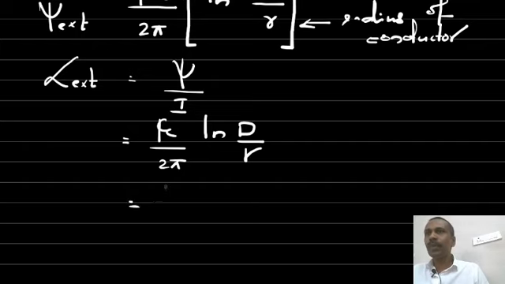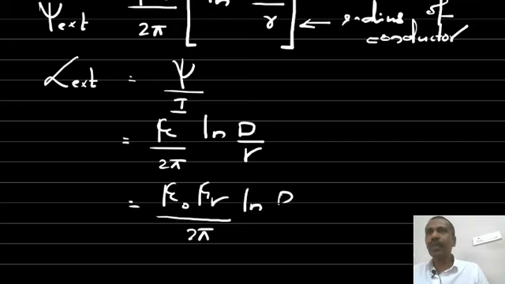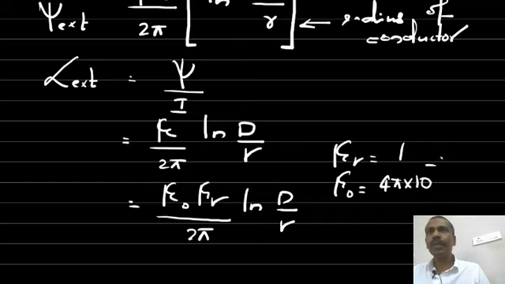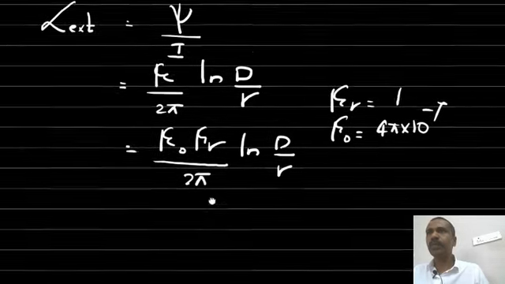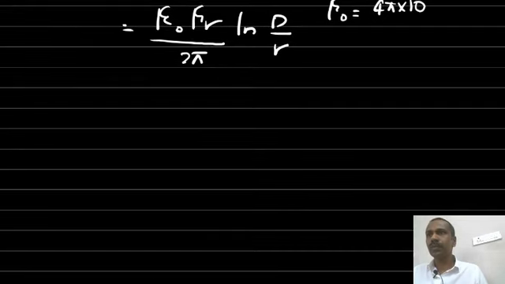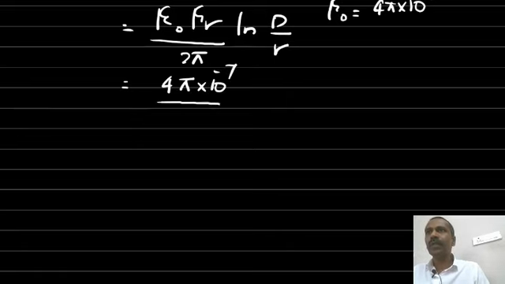And this mu is equal to mu 0 into mu r divided by 2 pi into natural logarithm d by r. The relative permeability mu r is equal to 1, and mu 0 is equal to 4 pi into 10 raised to minus 7. So this can be written as 4 pi into 10 raised to minus 7 divided by 2 pi into natural logarithm d by r.